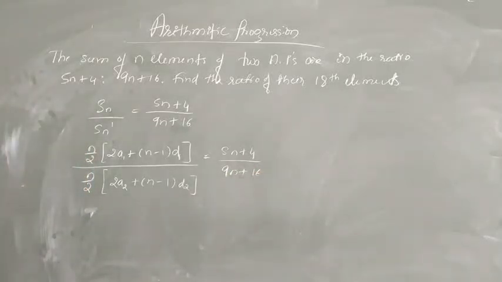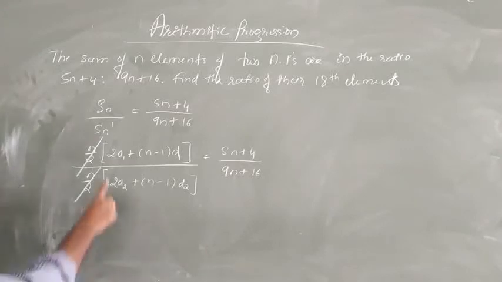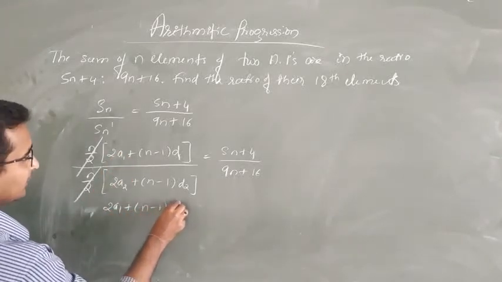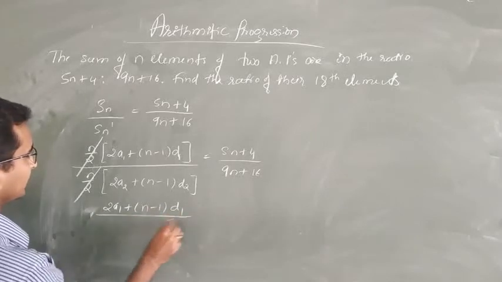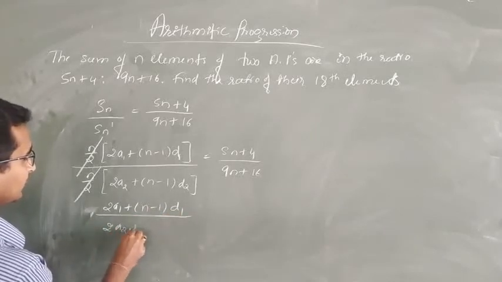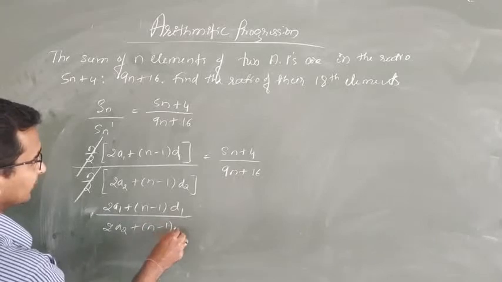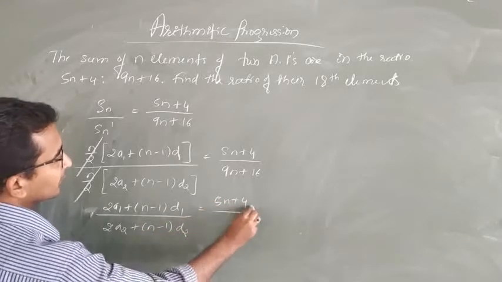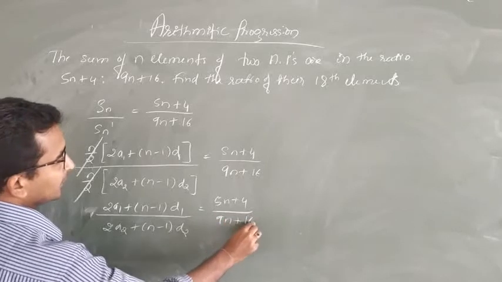So the formula has been written. Now here this n by 2 gets cancelled. Then what remains is (2a1 plus (n minus 1) into d1) divided by (2a2 plus (n minus 1) into d2) is equal to 5n plus 4 divided by 9n plus 16.